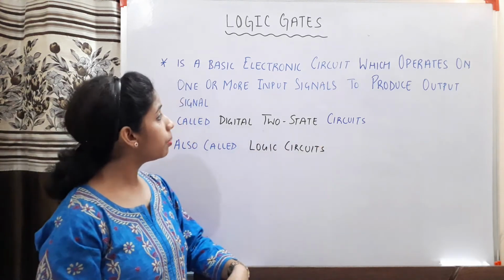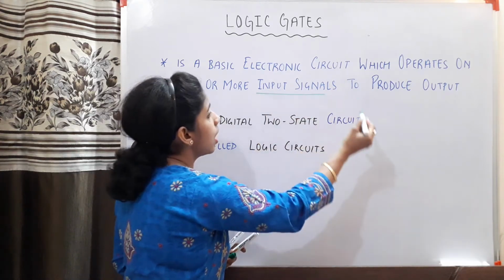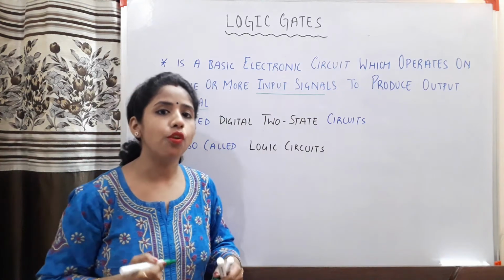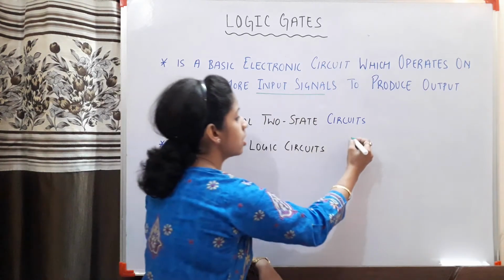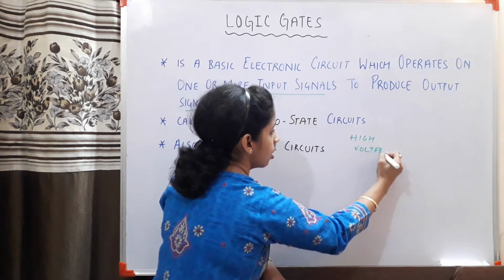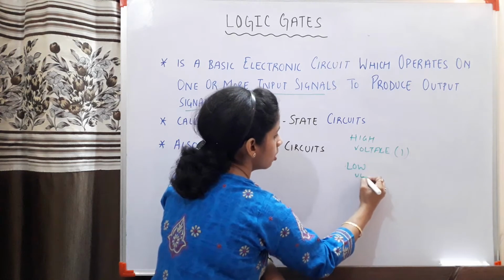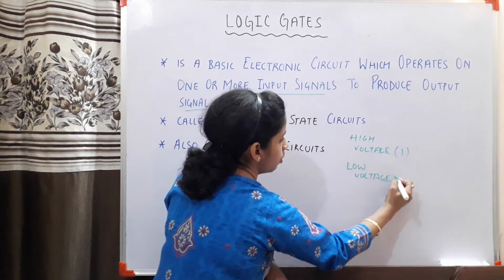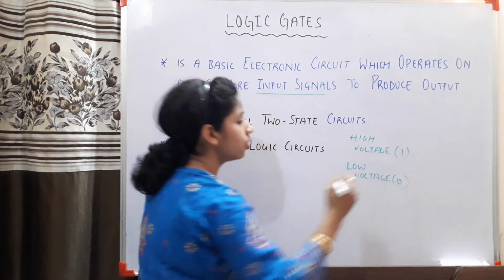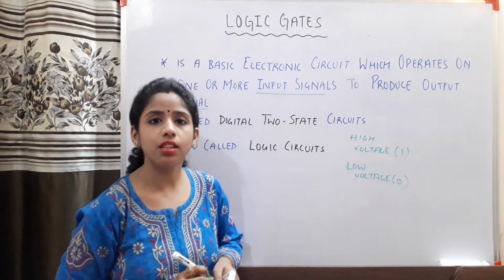Why? Because the input signals and the output signals that it works upon are represented in two forms. First is high voltage, which means 1, and second is low voltage, which means 0. You know that Boolean algebra works with only two quantities, 0 and 1.